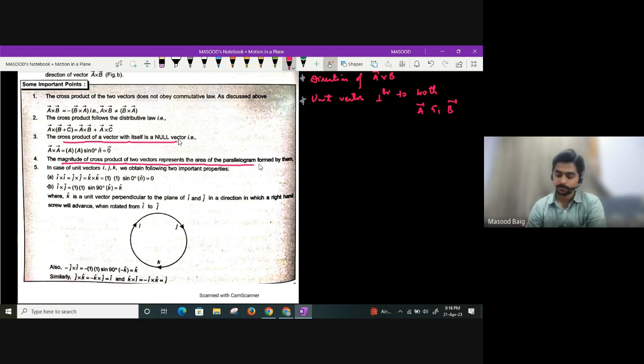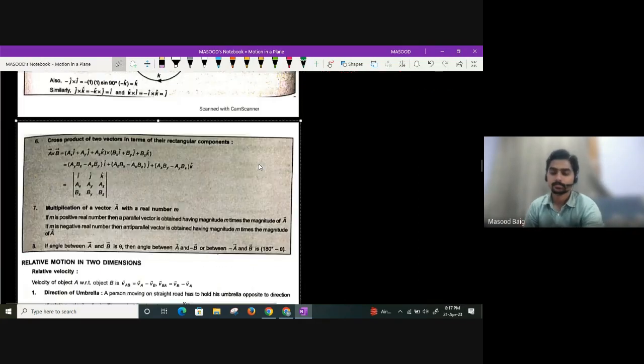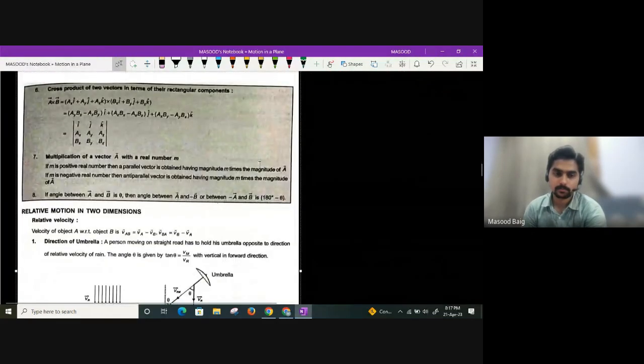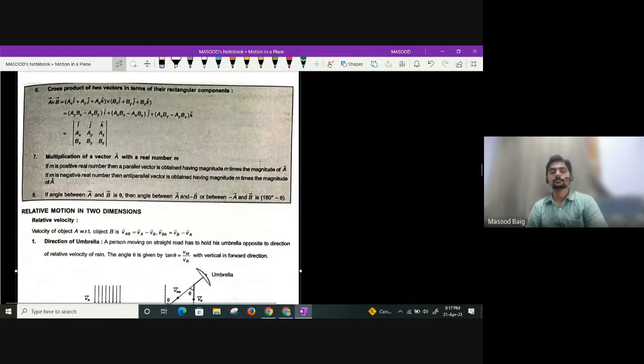Clear, everyone? Cyclic rule, I hope you can remember: i cross j, k; k cross i, j; j cross k, i. Is that clear? Yes or no?